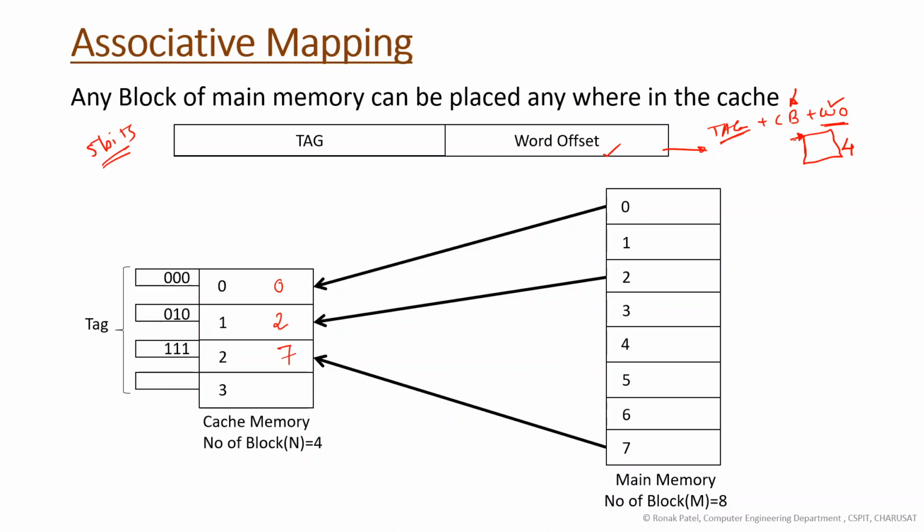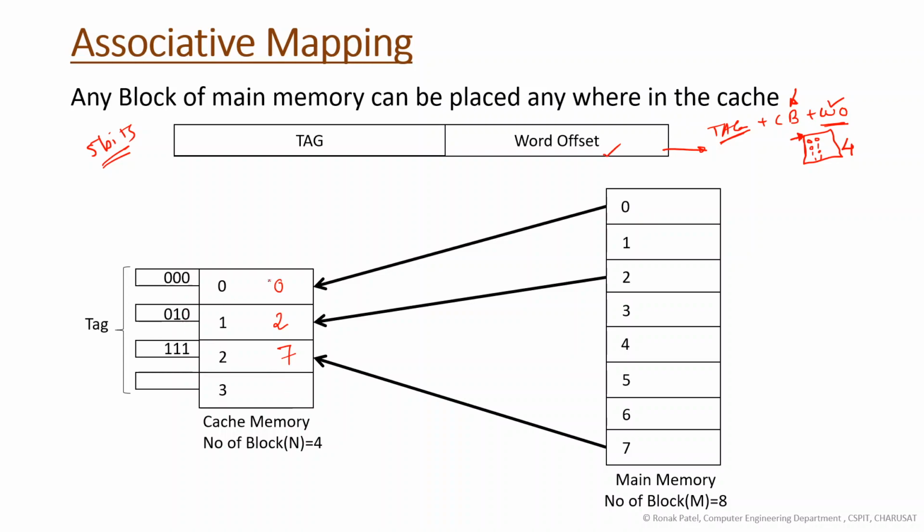After locating the block, to uniquely identify each word you require 2 bits: 00, 01, 10, and 11. So 2 bits for word offset. Now we don't require a cache block offset because we are not performing any modulo operation. We can place the block anywhere in your cache.